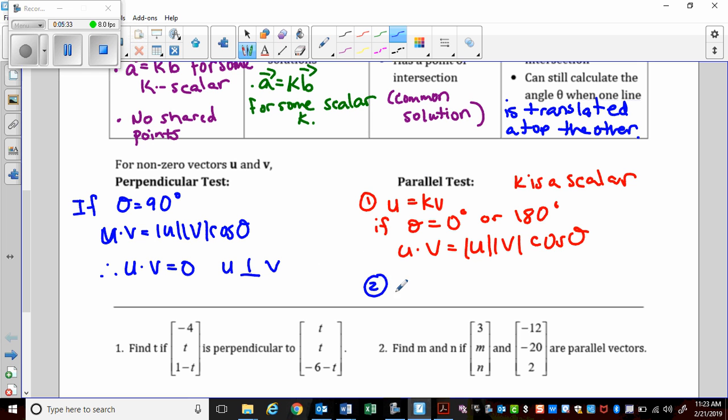Or 2, u dot v equals plus or minus the magnitude of u times the magnitude of v. We know that cosine at 0 is 1 and cosine at 180 is negative 1, so that's why we have a plus and minus. Then u is parallel to v. So if our angle is 0 or 180, then we have parallel lines. If our dot product is equal to 0, then we have perpendicular lines.